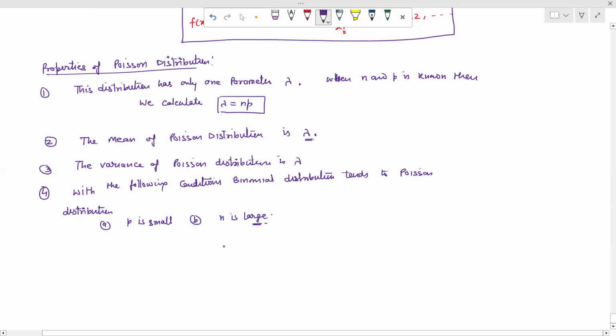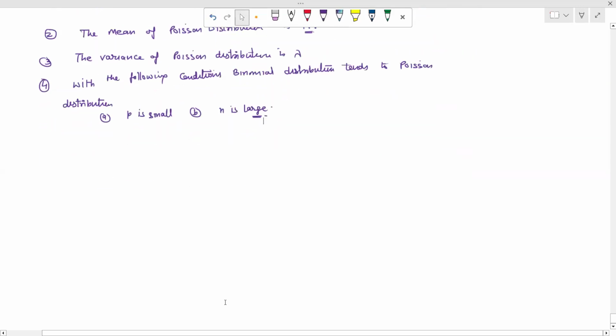So after understanding the probability mass function of the Poisson distribution, the Poisson frequency distribution and its properties, we move to the questions. So we start with basic questions related to the Poisson distribution.